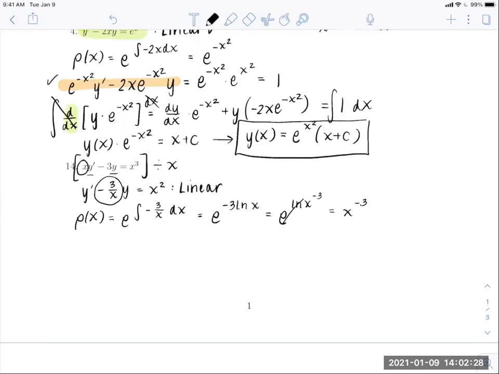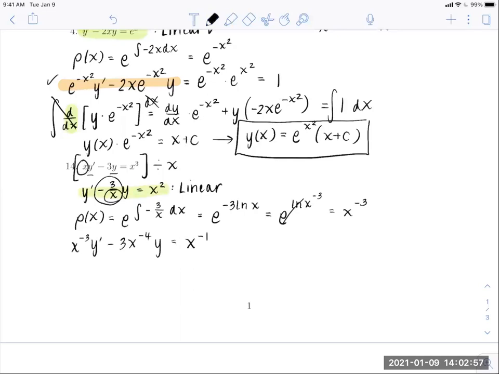So now I'm going to refer back to my simplified DE, or my DE in standard form, and multiply through by this integrating factor. So I have x to the negative 3 y prime minus 3x to the negative 4, if I bring that additional x on the denominator up, times y equals x to the negative 1.